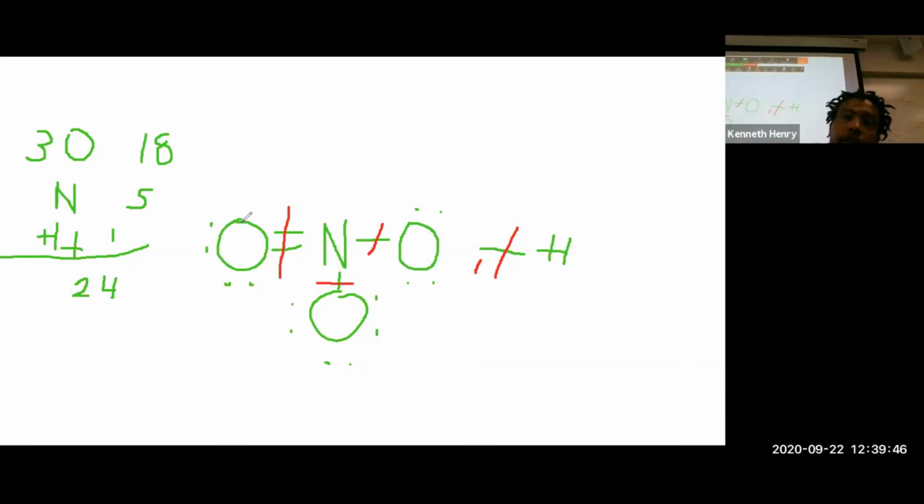So the way it works is, this is the way it's done. You have your number of valence electrons minus your lone pair electrons. So there's a total of 4 lone pair electrons, minus the number of bonds that are being formed.